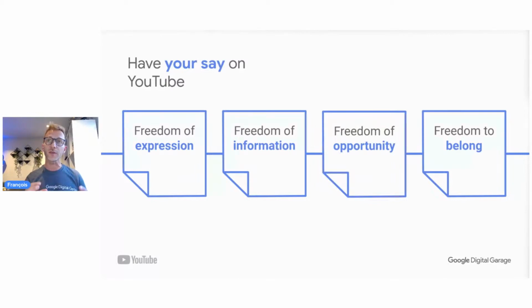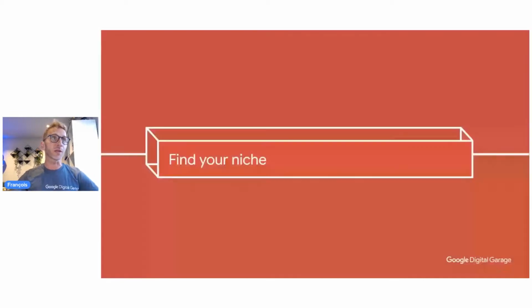So knowing these 4 essential values of freedom, the first step you may have to think about now to get started on YouTube is to define the message of your video, because that will help you to find your niche. So finding our niche, what is a niche really?